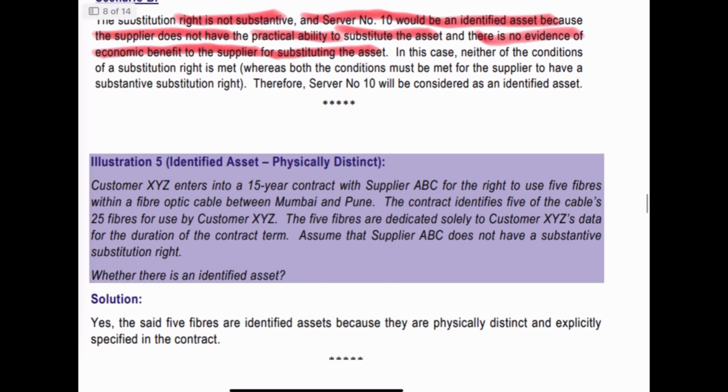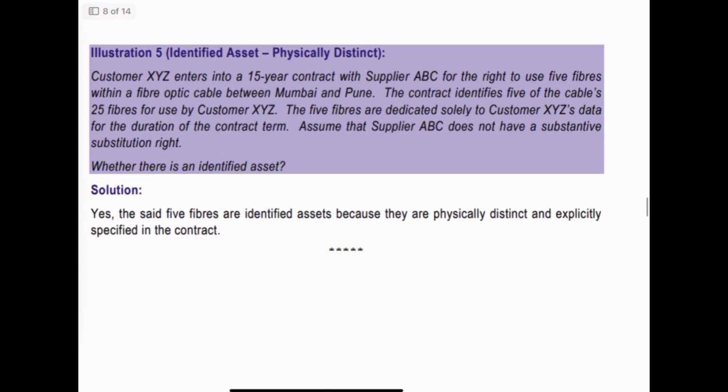Okay, so we'll go through another case. Here: identified asset and physically distinct. Customer XYZ enters into a 15-year contract with supplier ABC for the right to use fiber within a fiber optic cable between Mumbai and Pune.